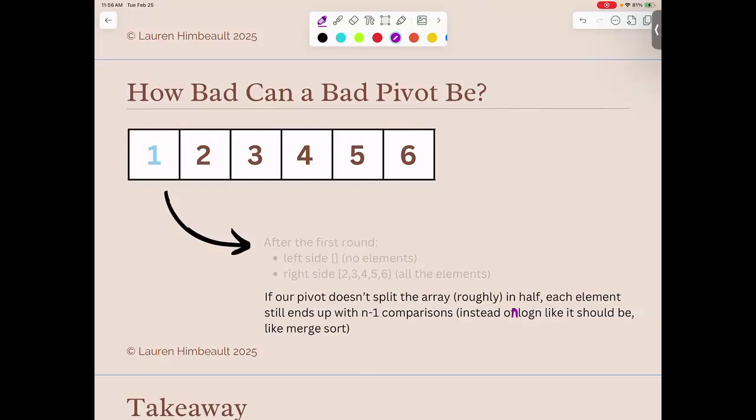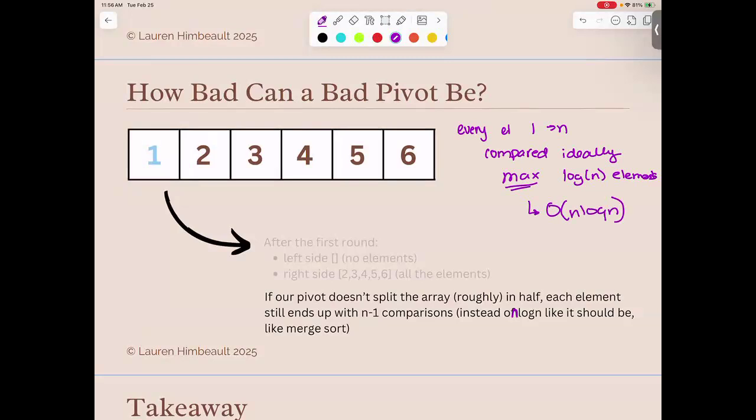What we want is that every element 1 to n ends up getting compared with ideally max log n elements. And then we end up with what we hope is an n log n sort, just like merge sort, ideally.